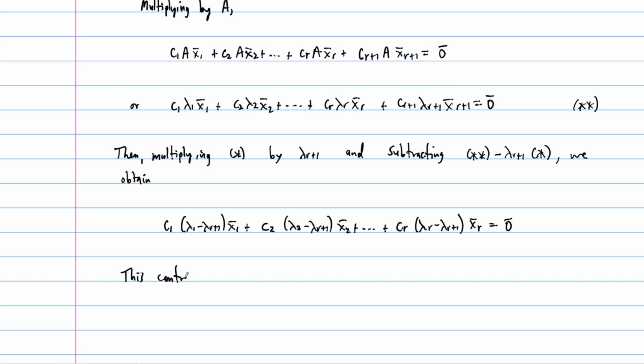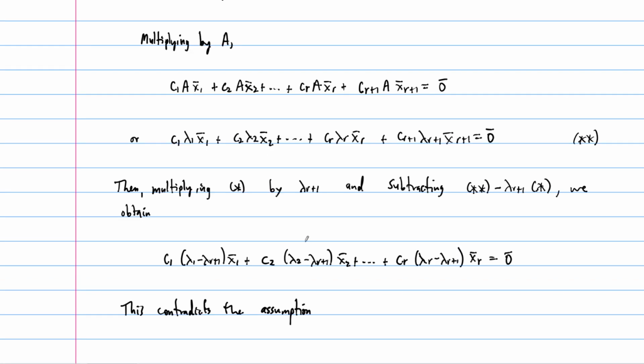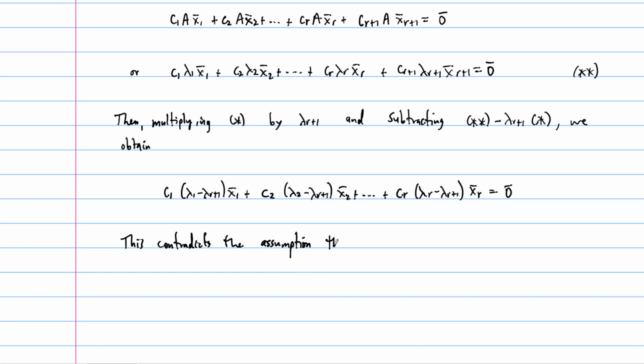That's because since c r plus 1 was non-zero, then one of these must also be non-zero, because none of the vectors are 0 either, right? So this contradicts the assumption that x1 through xr are linearly independent.